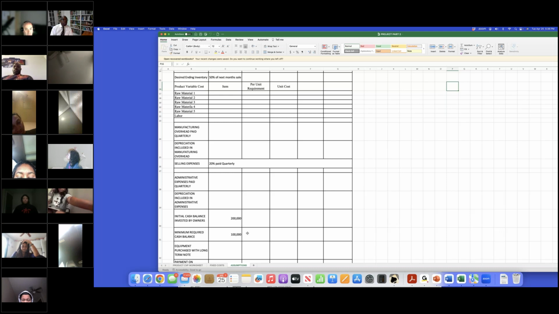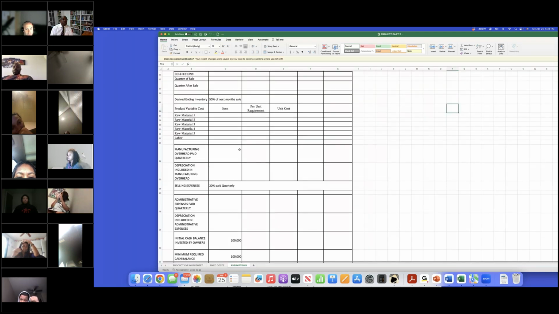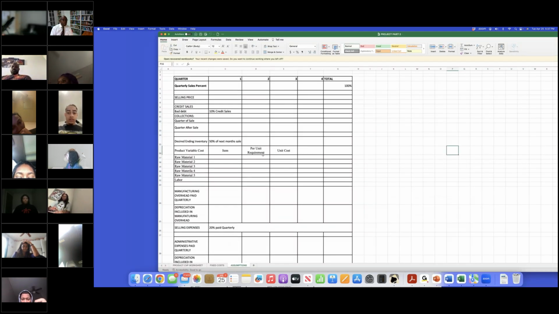But this is yours, but you got to put in your quarterly sales percent. And then for your raw materials, very important, what the item is, the per unit requirement and unit cost. As I was reviewing stage one and even this part one resubmission, I could not always see your per unit requirement and unit cost.